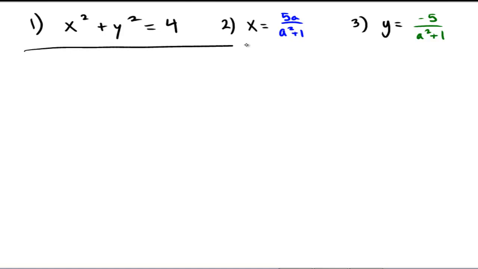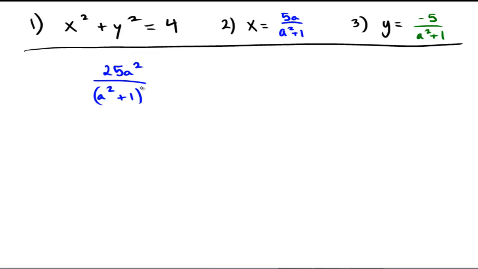So substituting these pieces of information into the circle, we're going to get 25a squared over a squared plus 1 quantity squared. That's the x squared from here, plus, now we're going to substitute in the y.